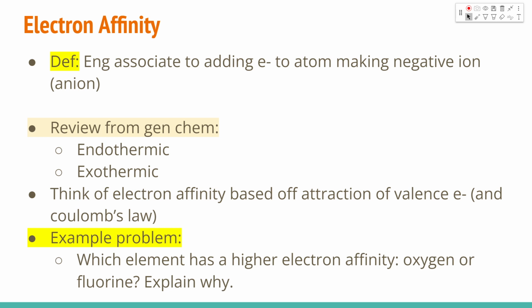So think about the number of protons in oxygen versus fluorine, and then you'll see why one would be a better answer than the other. If you look at your PT, fluorine has more protons compared to oxygen. And so by having more protons, you're more likely to attract those electrons that you gain anyway.